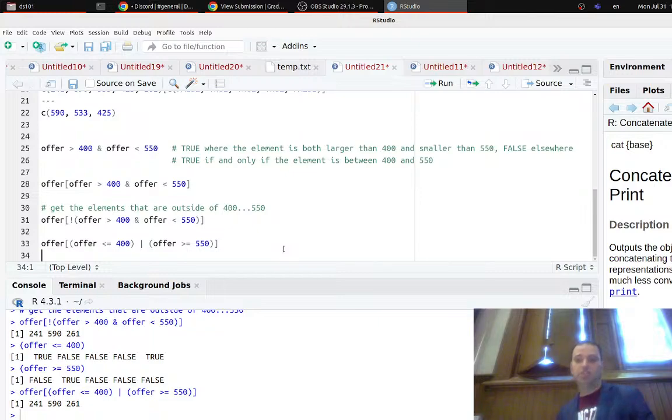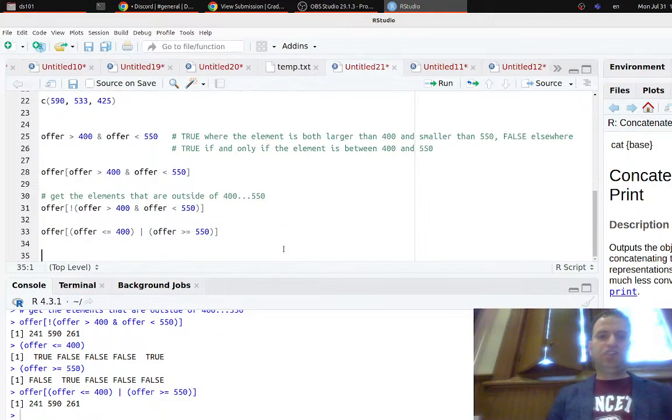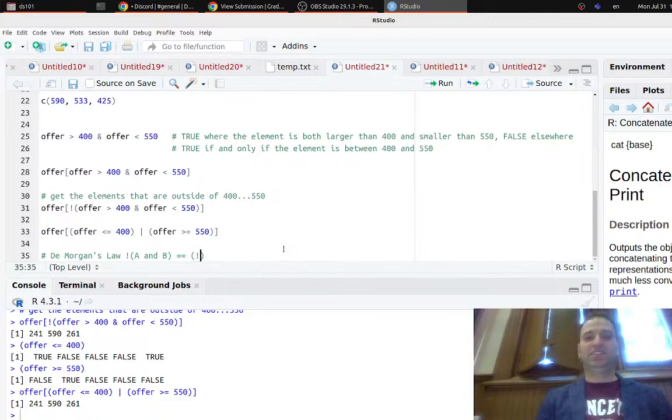Right? So this is kind of an advanced thing, but if that's the kind of thing you're interested in, this is kind of an application of De Morgan's law, which states that, well, one version of it, that not (A and B) is the same as not A or not B. Right?